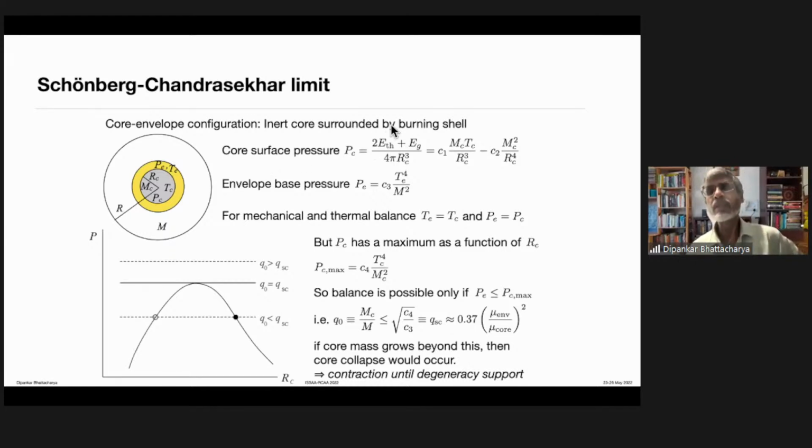Now the E thermal can be written as... so we can then write Pc by taking twice E thermal plus E gravitational and divide by Rc cubed.